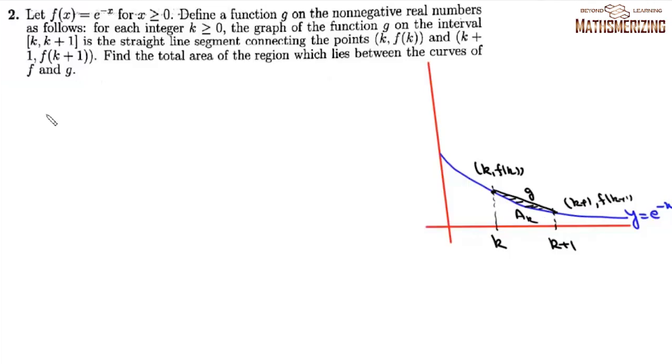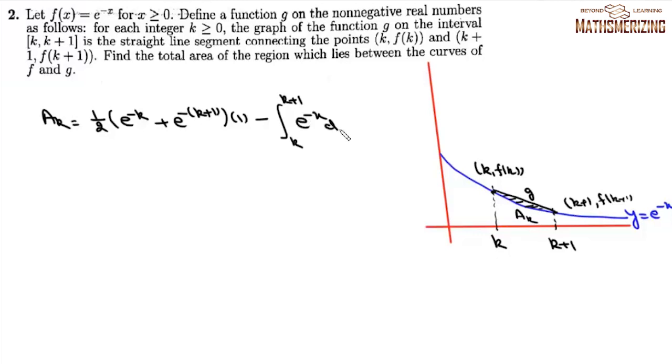Now A_k is given by the area of this trapezium, and the area of this trapezium will be 1/2 times (f(k) + f(k+1)) times h. f(k) is e^(-k), so it will be e^(-k) + e^(-(k+1)), and h in this case is 1, minus the area bounded by the curve e^(-x), so it will be the integral from k to k+1 of e^(-x) dx.